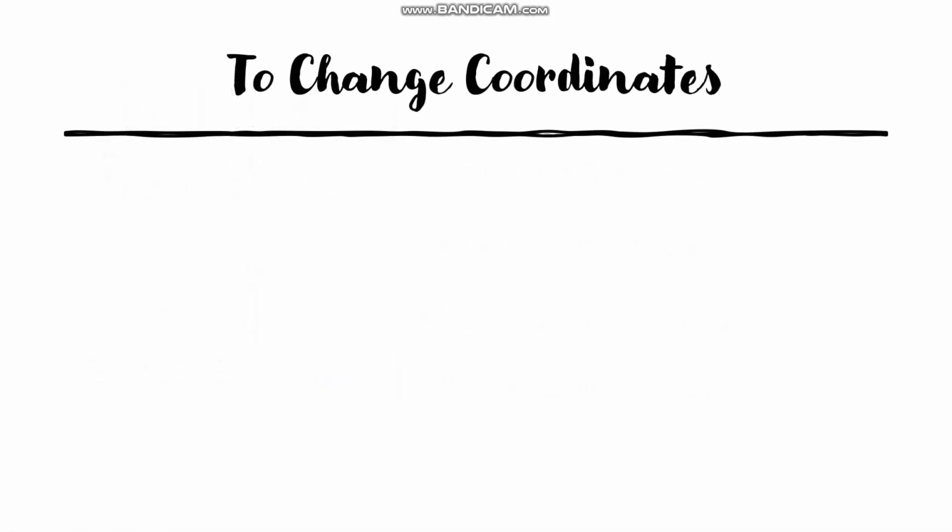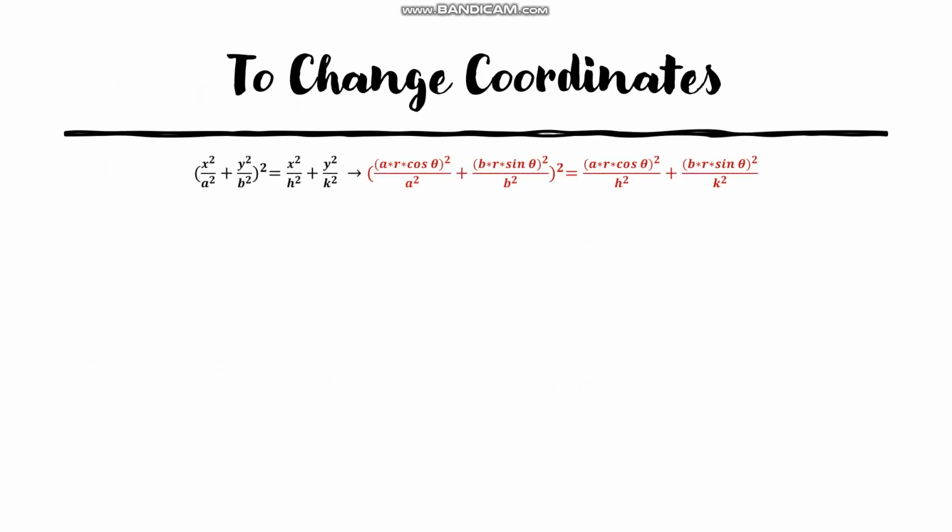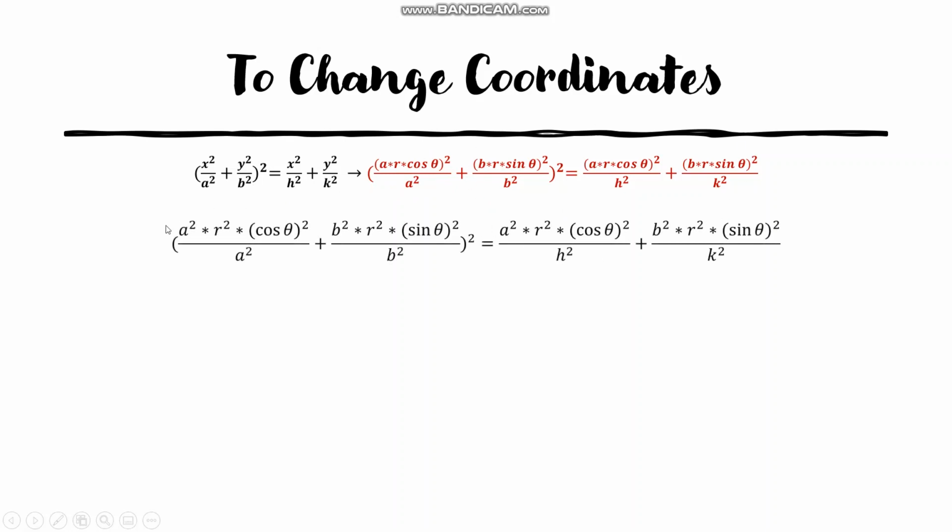So then let's change our coordinates and find r to determine the boundaries of our integral. If we put x and y into this equation, we will get this formula. And again, we will simplify, we will get this equation.